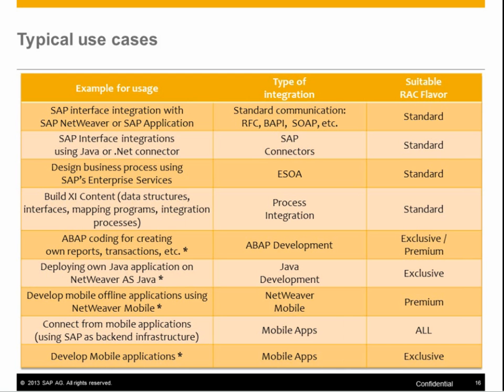For that, the flavor standard is the most suitable one. Then for integrations using Java or .NET, there are the Java and the .NET connectors. These software packages or connectors are also included in the RAC flavor standard.